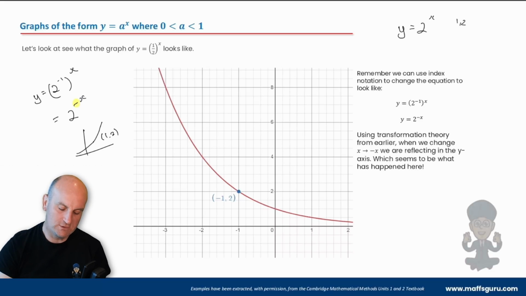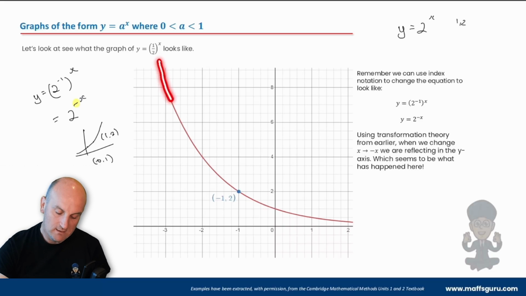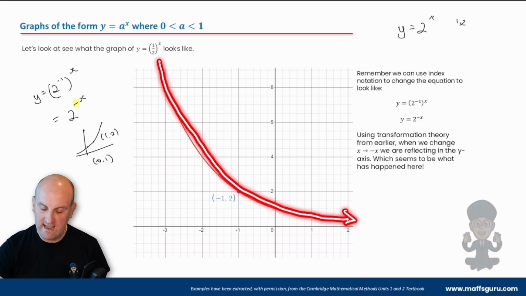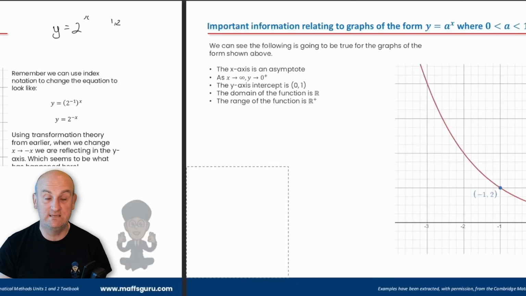That's my 1, 2. That's my 0, 1. My reflection means that all of my x values are just going to become negative, so that would be minus 1, 2, and 0, 1 still stays. And there we go. Nice, easy way. And because it's a sketch, I don't have to be overly accurate with all the rest of the points, so long as those two are identified.